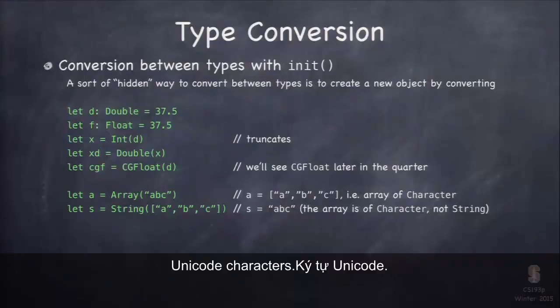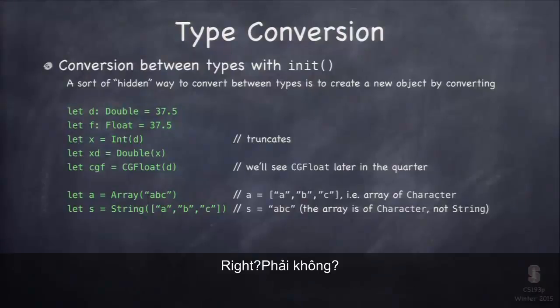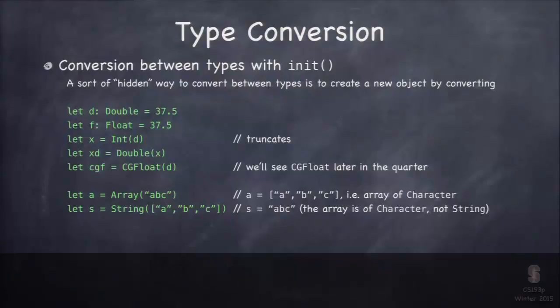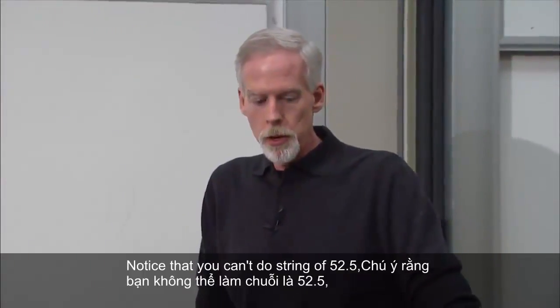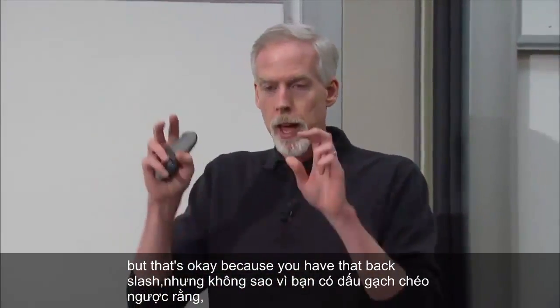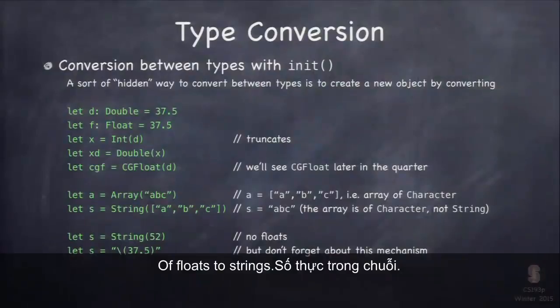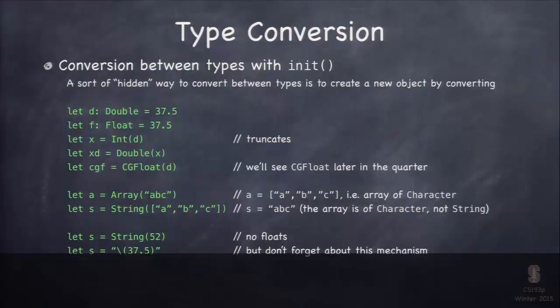Or vice versa, you can have an array of Unicode characters, and you pass that to String's constructor, and it'll return the string with those things zipped up. Okay? So there's kind of a hidden thing there. Notice that you can't do String of 52.5, but that's okay because you have that backslash open parentheses thing to convert floats to strings. You can do String of 52 though, because it has toInt. It kind of knows how to do that.